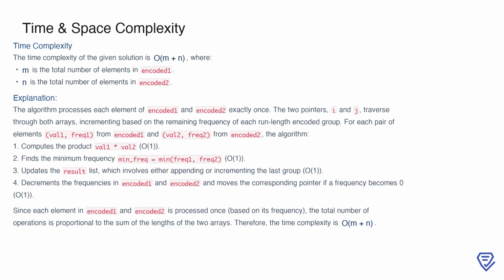These steps ensure that each element in encoded1 and encoded2 is visited exactly once. As a result, the total number of operations is proportional to the sum of the lengths of the two arrays. This gives us a time complexity of O(m + n), where m is the number of elements in encoded1 and n is the number of elements in encoded2.